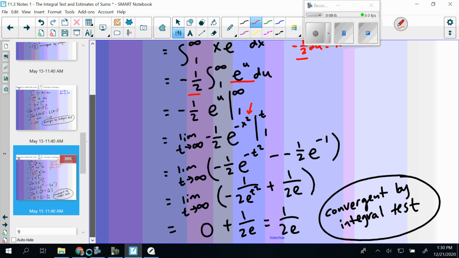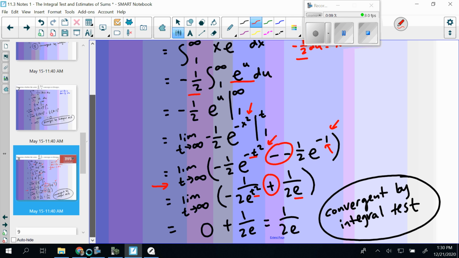And then if we plug that in, now we're doing what's the limit as t approaches infinity of this at t minus this at 1. And simplifying here, our two negatives end up being a positive. I move this back down to the denominator as e to the first power. Same thing here, I move this down as e to the t squared.